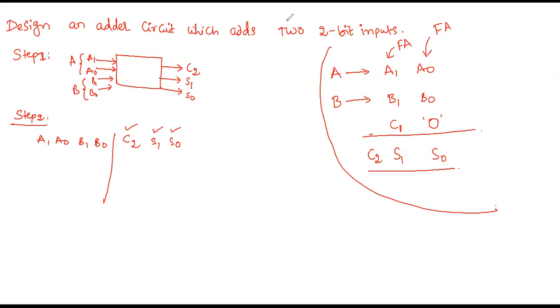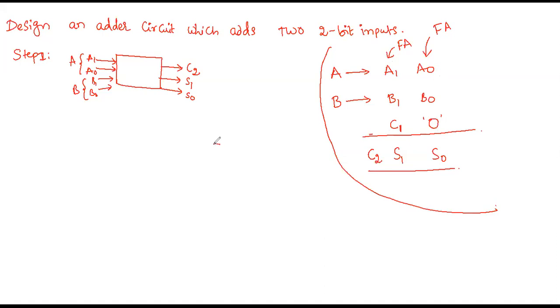Instead of that, you can directly draw the figure for this using full adders. To add one bit, we need one full adder. Here we have two 1-bit pairs: A1, B1, C1 and A0, B0, 0.